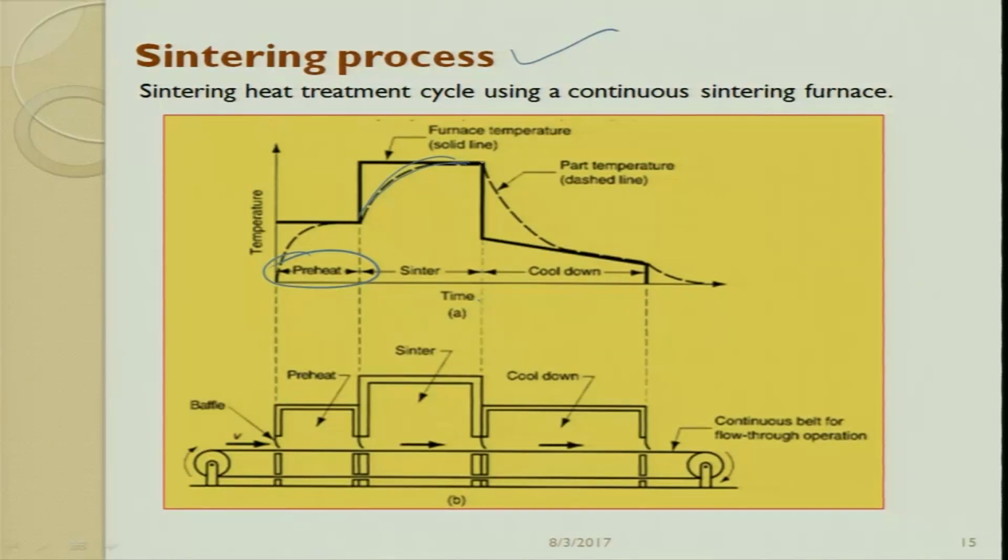Then we switch off the furnace and allow furnace cooling all along, so that the product does not have any cracks induced by thermal stresses. This is what we try to maintain. So this is the heating cycle.